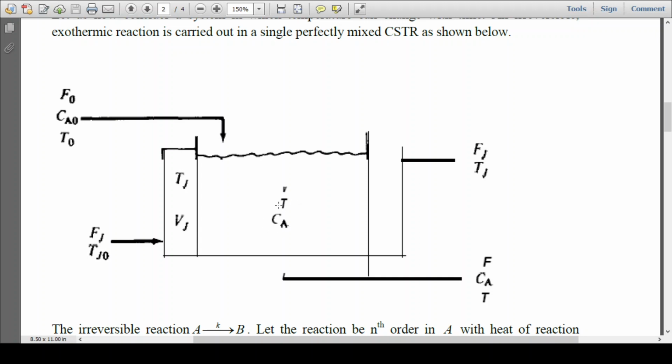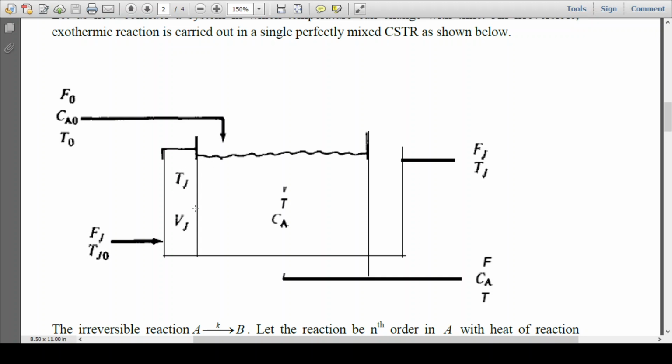So this temperature is not constant, it can change. To control the temperature, we are feeding cooling water at flow rate Fj and temperature Tj, and the volume of the jacket is Vj, and the temperature inside the jacket is Tj.